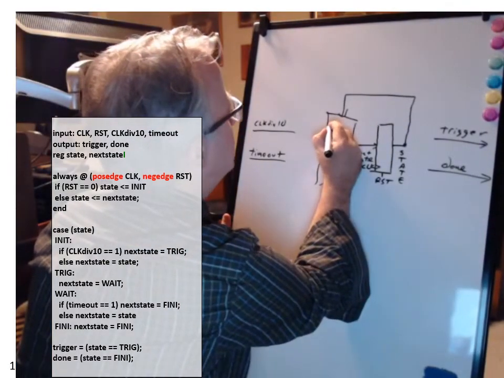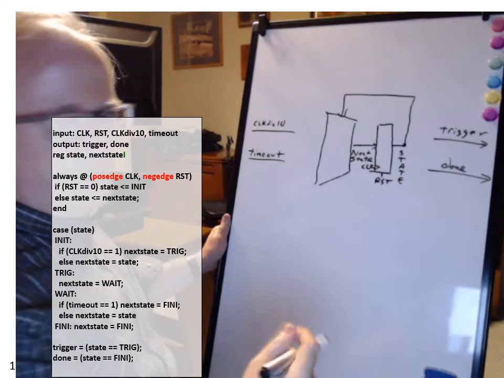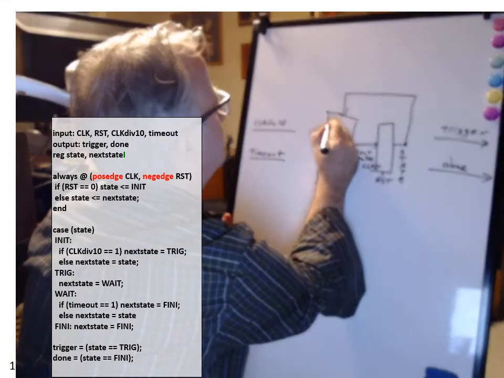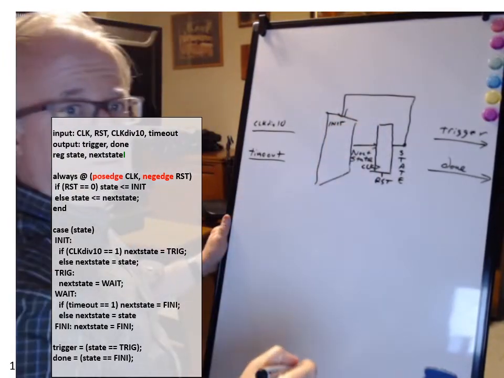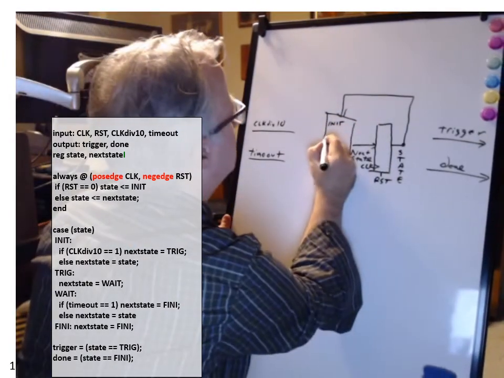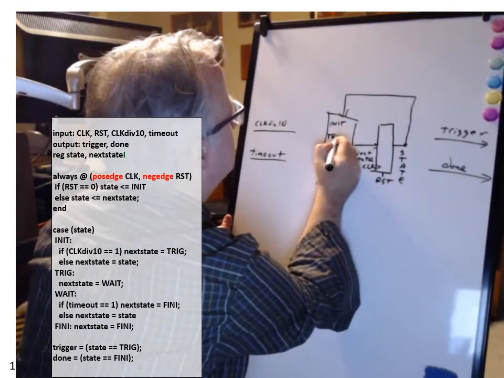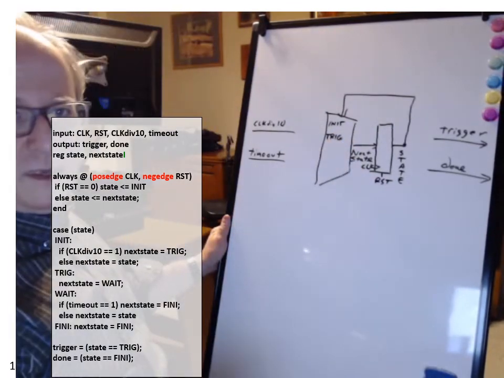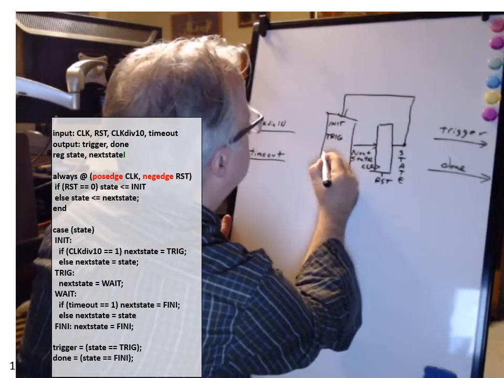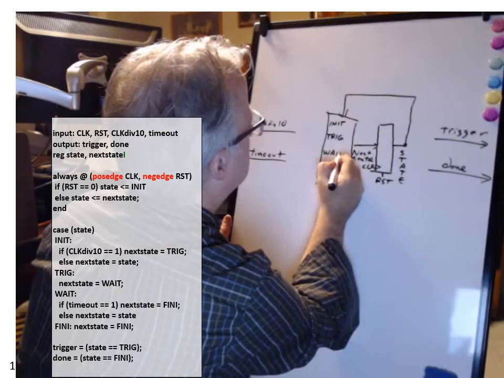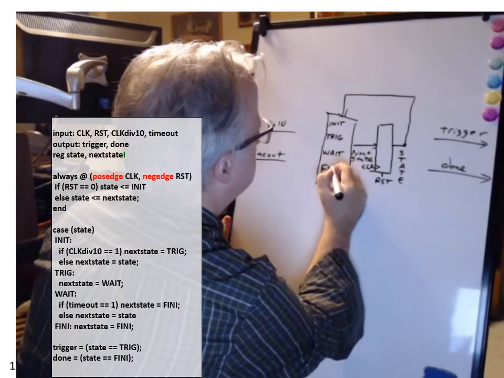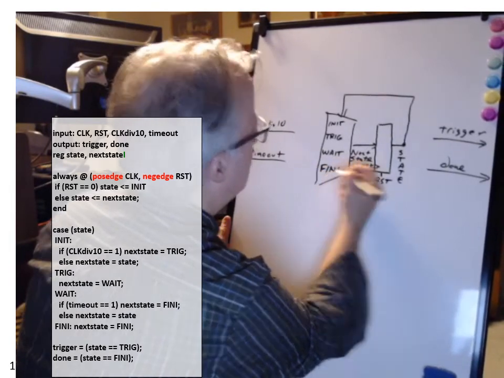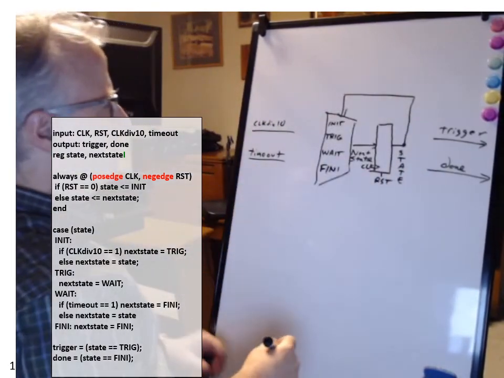I'm going to write state names instead of the encodings of them: init, trig, wait, and fini, which are the 4 possible values of state.